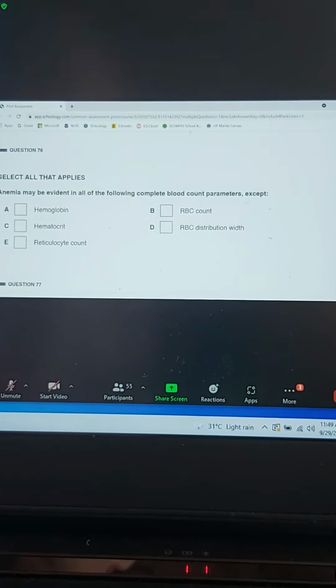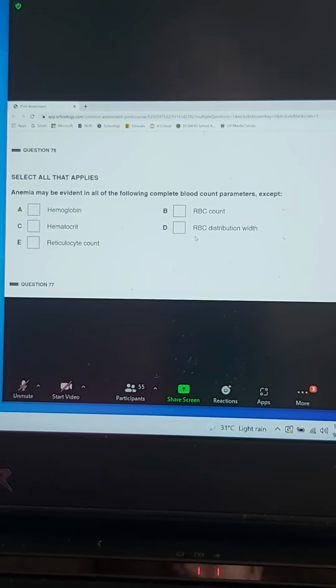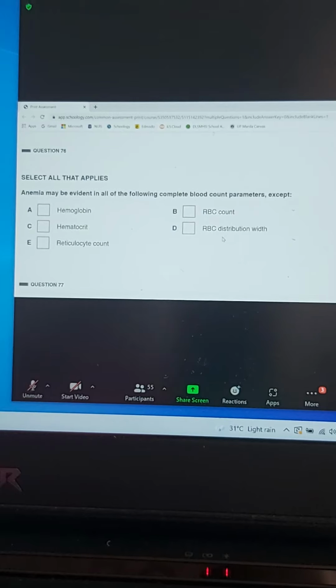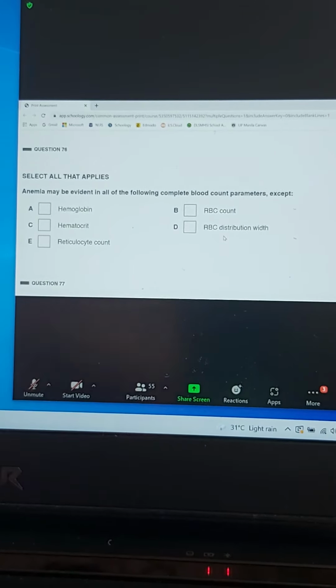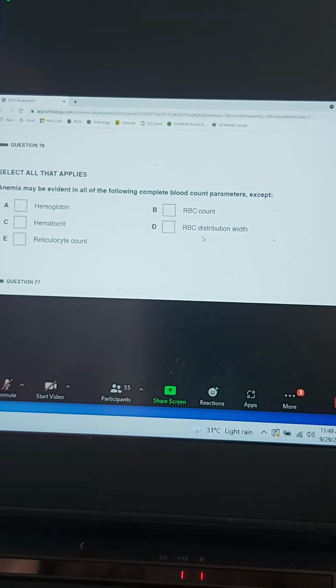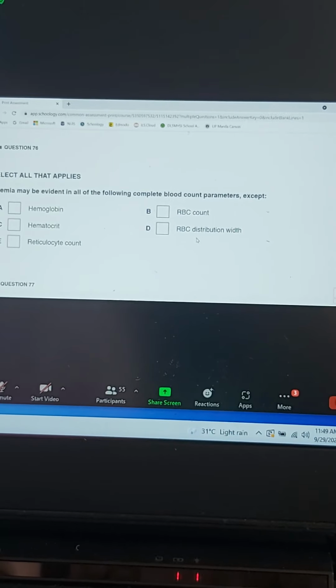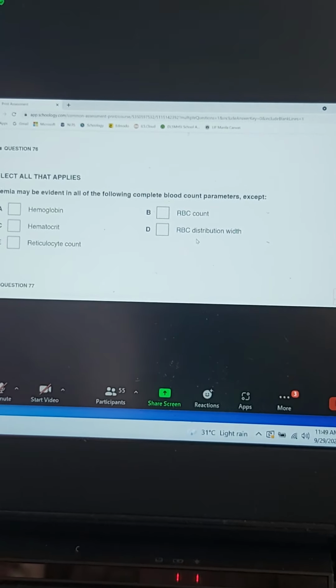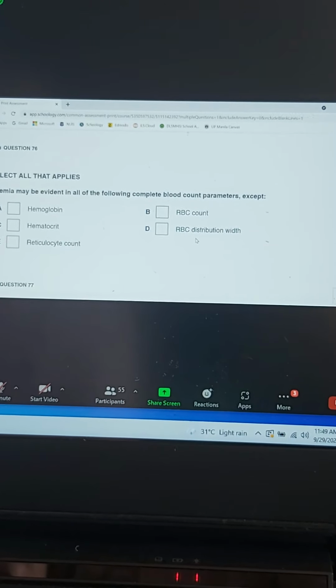Pero ang hinahanap natin except, si RDW ba, kapag mataas siya, masasabi ba natin may anemia? Pag mataas ang RDW, ano ibig sabihin? Anisocytosis po. Okay, so mataas yung degree ng anisocytosis. And usually, anisocytosis is an indication of anemia. Tama naman yun.